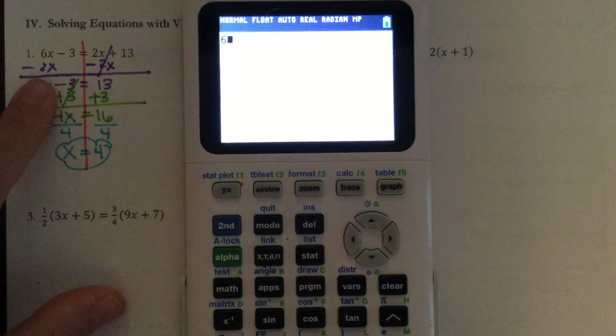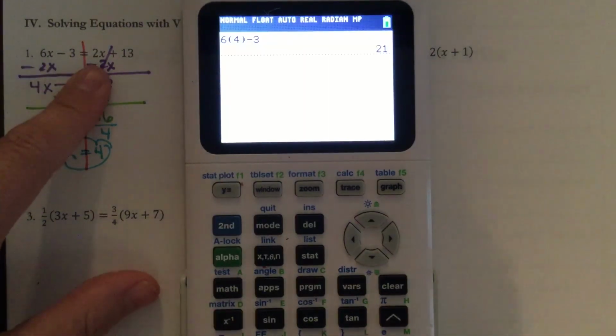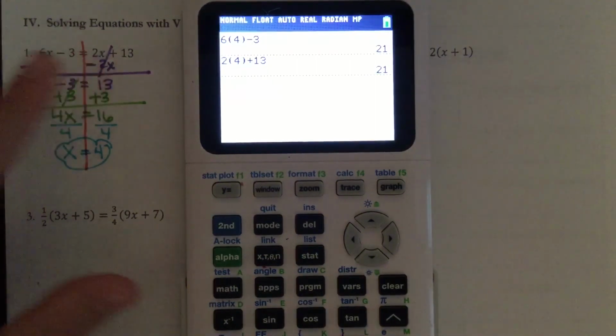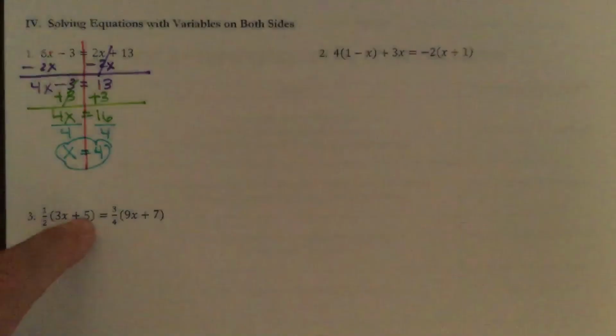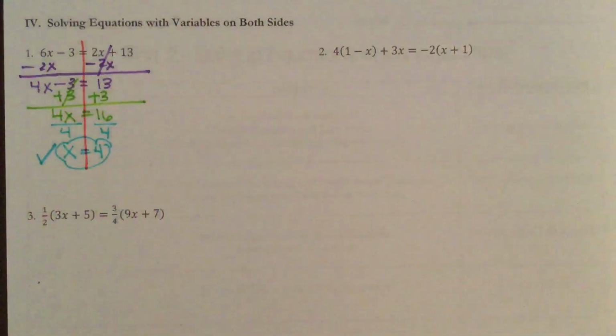On the left-hand side, we have 6 times 4 minus 3, so we get 21. And on the right-hand side, we have 2 times 4 plus 13, which is also 21. Since the left-hand side is equal to the right-hand side when we plug in the number 4, we are confident that 4 is the solution to this equation.